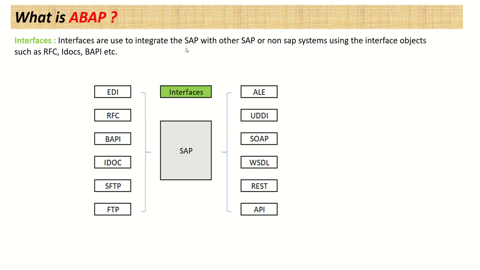The integration may be one SAP system with another SAP or non-SAP system. We can integrate SAP with a website, web-based software, other applications, a warehouse management system, or another CRM system like Salesforce, C4C, etc. Whenever you want to do the integration part, we can use interfaces.